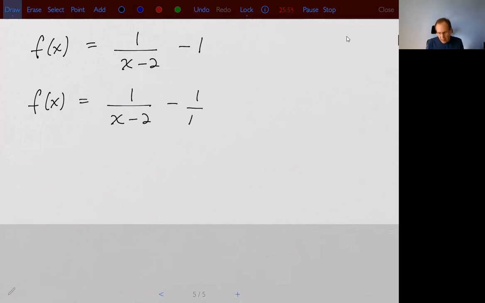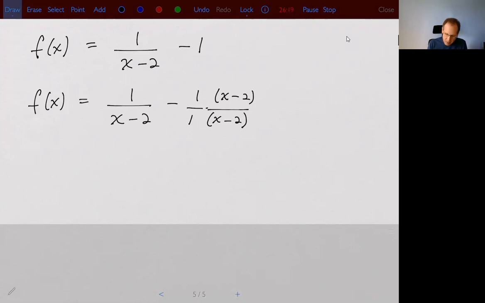And if I want to subtract these two terms, I have to have the same denominator. I need the lowest common denominator, which in this case is x minus 2. So if I multiply the second term by x minus 2 over x minus 2, then that will allow me to rewrite that second term, and then I can subtract the fractions.